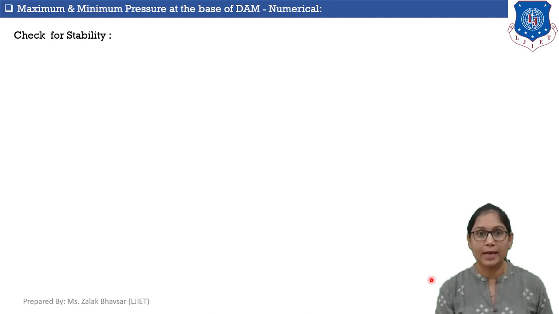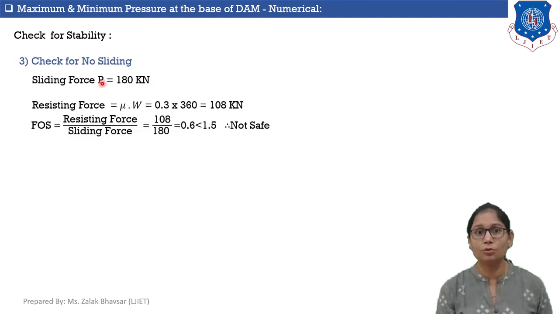Now let's check for the no sliding condition. Sliding force P is equal to 180 kilonewton as we calculated, and resisting force is nothing but mu into W. The value of mu is already given in the data, which is 0.3, and W as we calculated is 360. So I am getting resisting force is equal to 108 kilonewton.